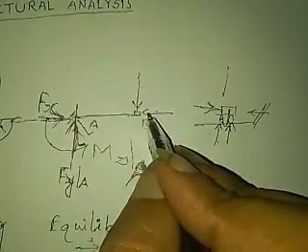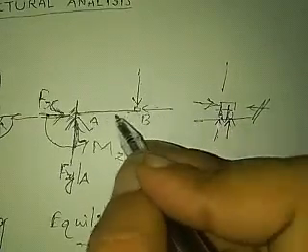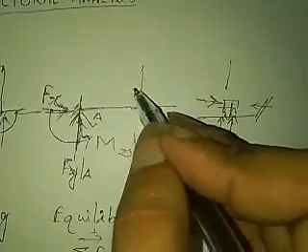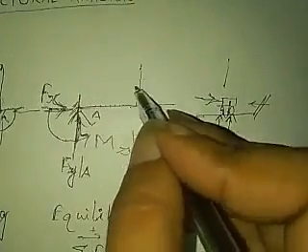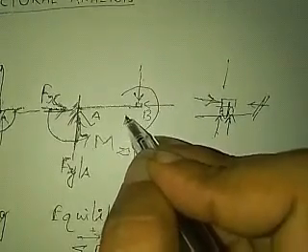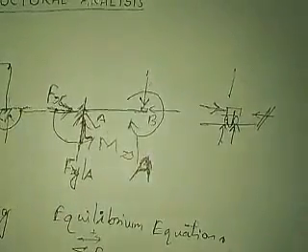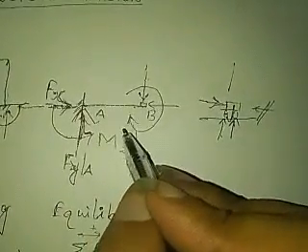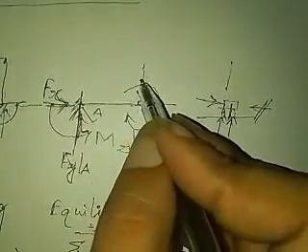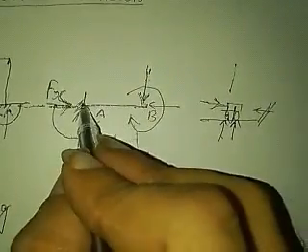And one more thing, it is offering a rotation, so you can apply a rotation on it and it will resist it. And not only this rotation, this rotation can be caused because this load is acting at some distance from it.